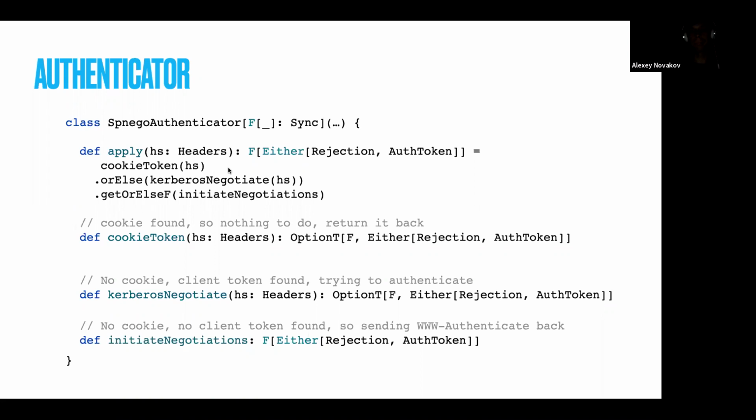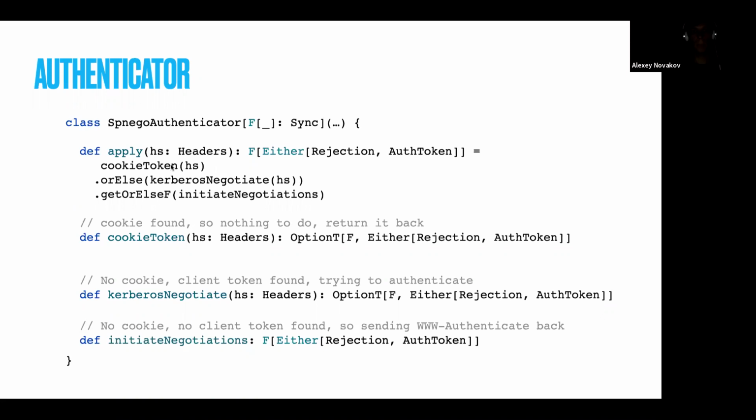Actually, this function will be used every time for all other routes if our routes are protected by the authentication middleware, because we always need to check that this token, that cookie, still exists before working further.